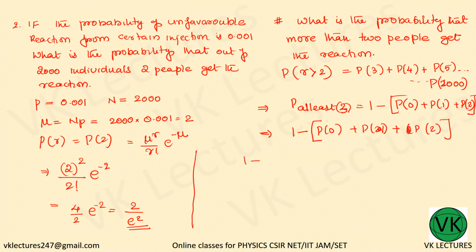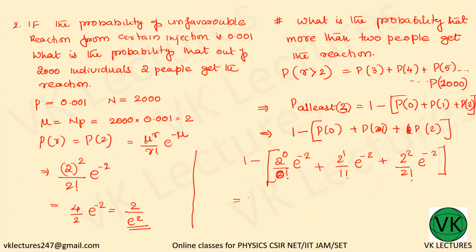Put R equal to 0 here, mu is 2, so 2 to the power 0 divided by 0 factorial, into e to the power minus 2, plus P of 1, R equal to 1, so 2 to the power 1 divided by 1 factorial into e to the power minus 2, plus P of 2 is 2 to the power 2 divided by 2 factorial into e to the power minus 2.